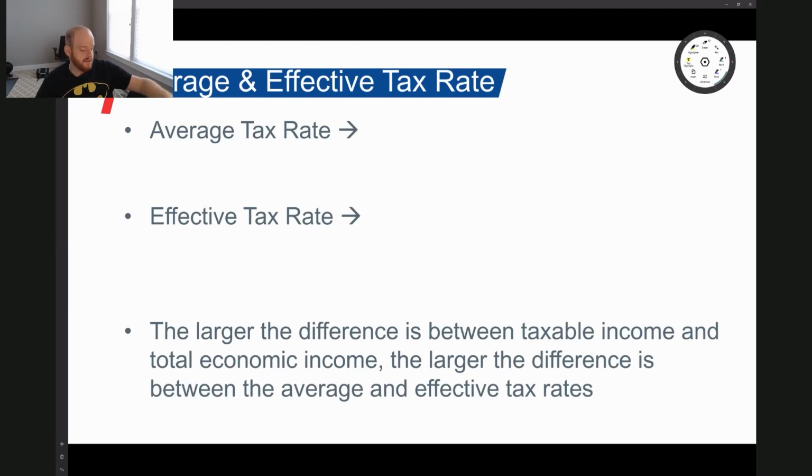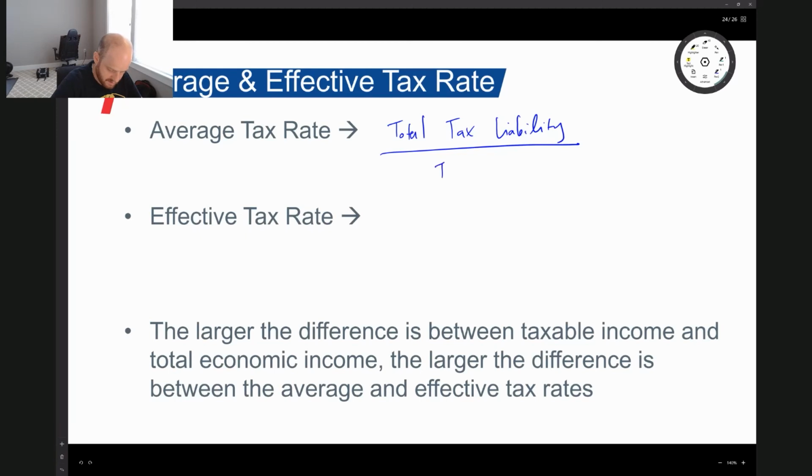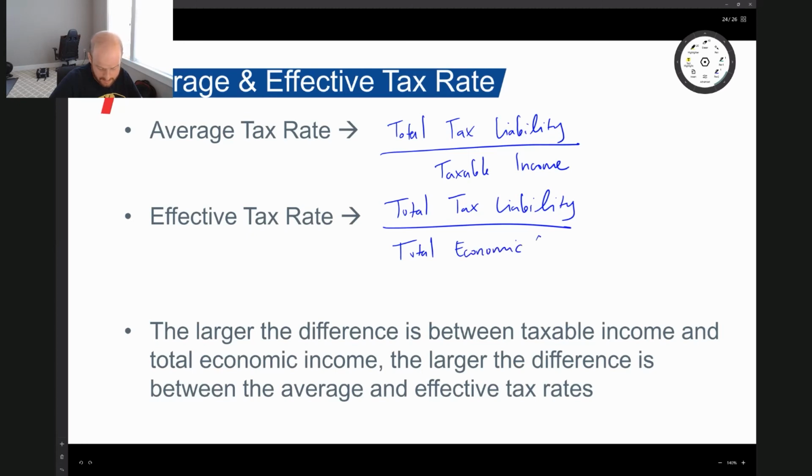Now, average tax rate and effective tax rate are slightly different. So average tax rate is total tax liability divided by taxable income. Effective tax rate is total tax liability divided by total economic income.